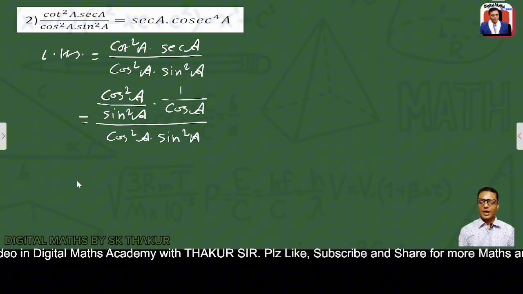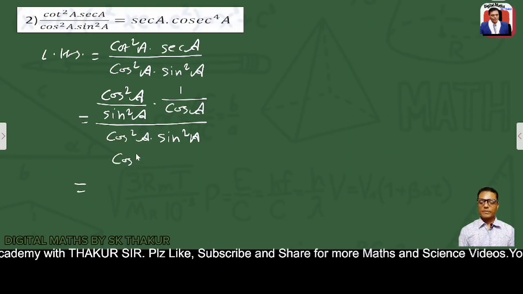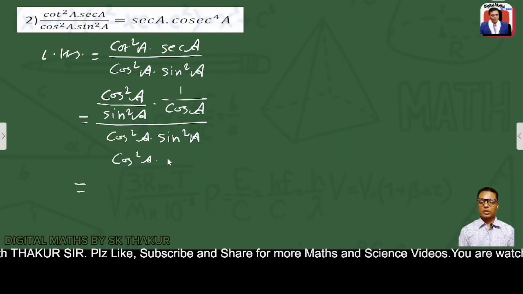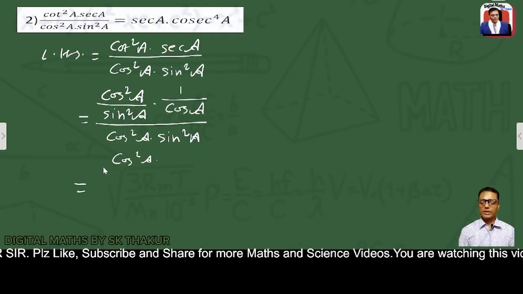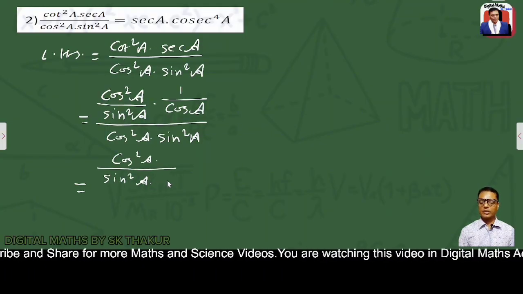After that we can write here cos square A into 1, which means cos square A only, and at the denominator we can write here sin square A dot cos A.